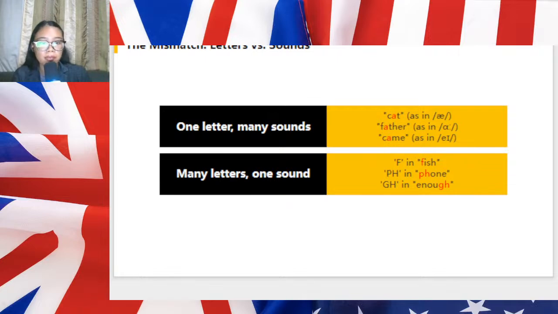Because of these very mismatches, we need a consistent way to represent sounds, a way that cuts through all the spelling confusion. And that's where the International Phonetic Alphabet, or IPA, comes in. It's the map that will guide us through the sounds of English, providing a unique symbol for every single sound, regardless of how it is spelled. All right?